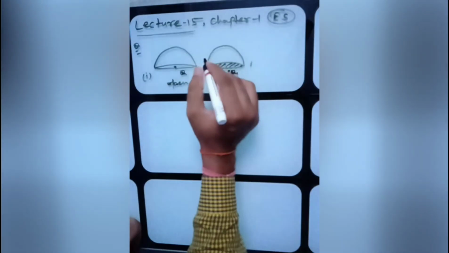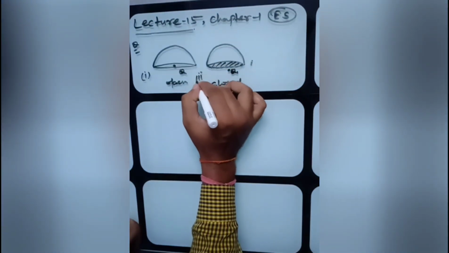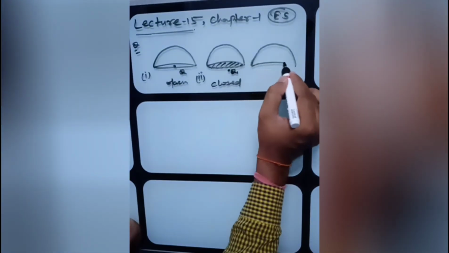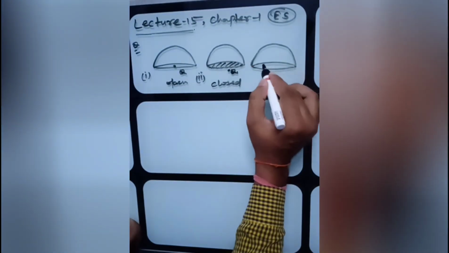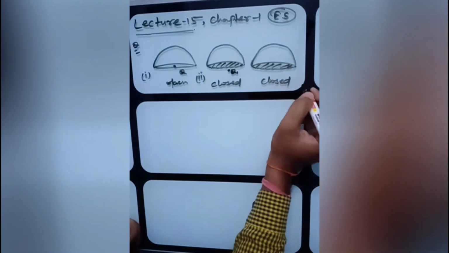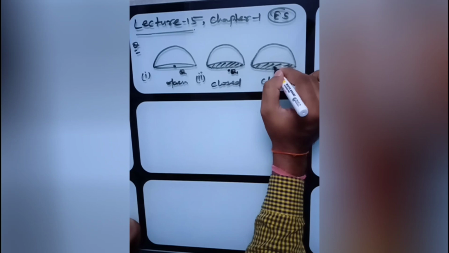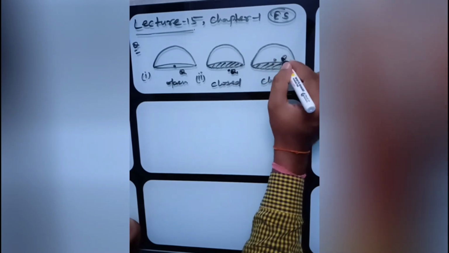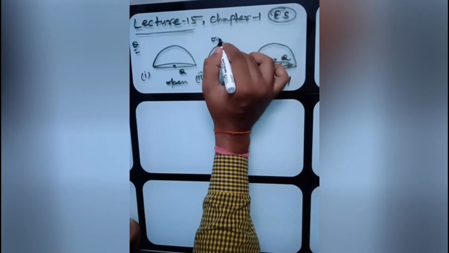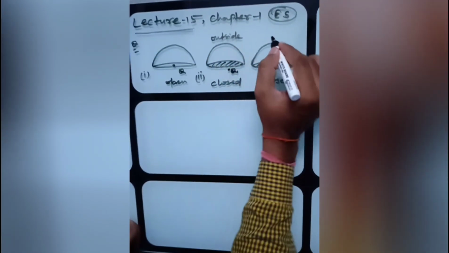Now this is the second diagram. Now the third case, again this hemisphere, and now this hemisphere is again closed. Now the charge is placed just inside. Okay, just inside. This is just outside, and this is just inside.